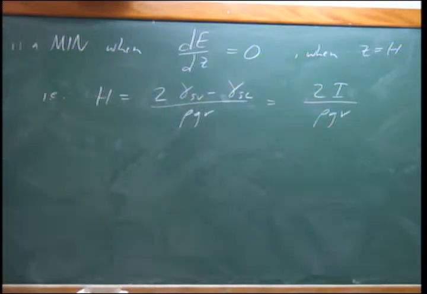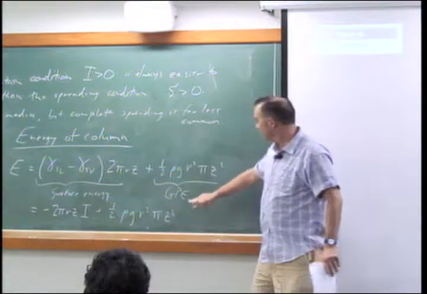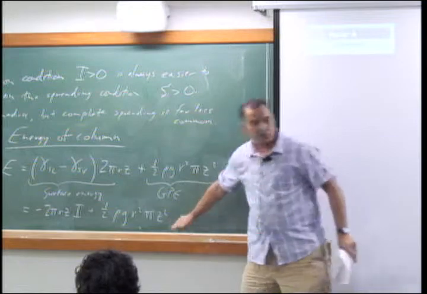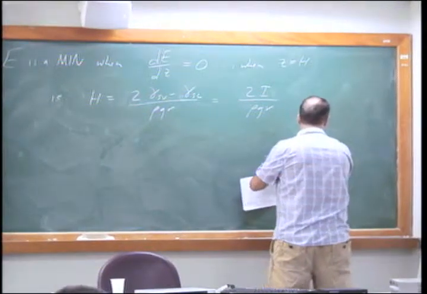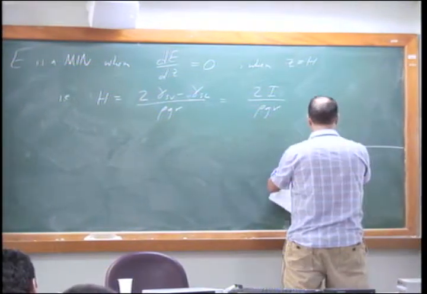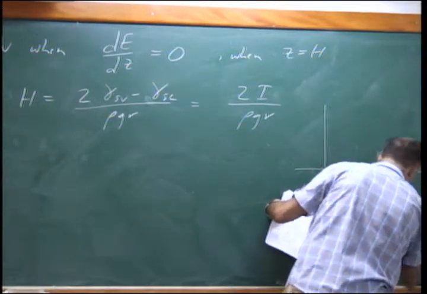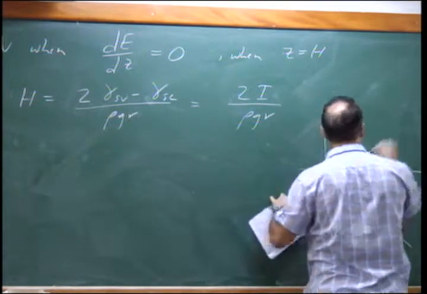If we plot these two energies, one is going as minus z, and this one is going as z squared. So the surface energy is going like this, and the gravitational potential energy is going like this.